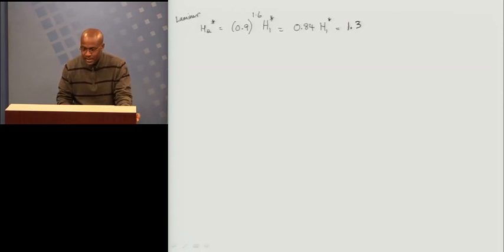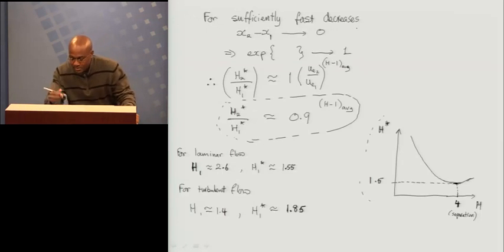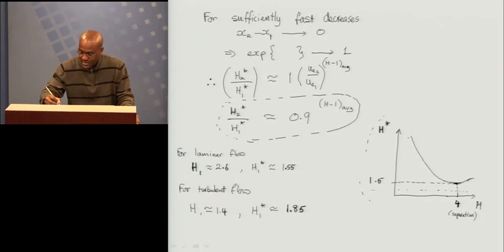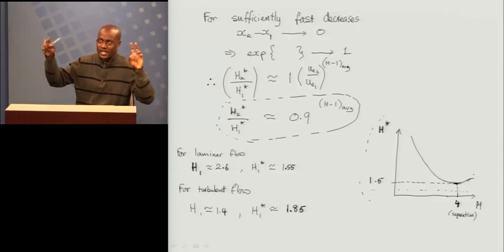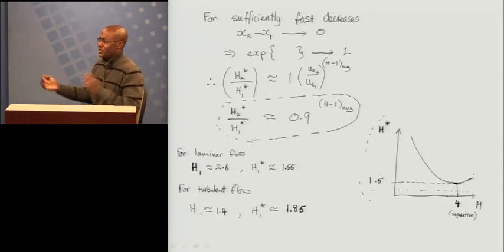So if we go back to the relationship between H star and H, an H star value of 1.3 is actually somewhere down there, which isn't on this curve, which represents the quote-unquote acceptable values that you could have.